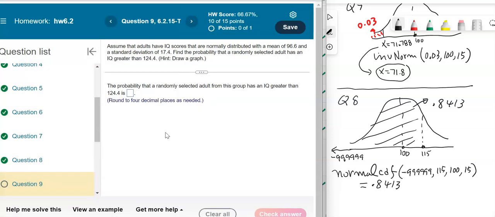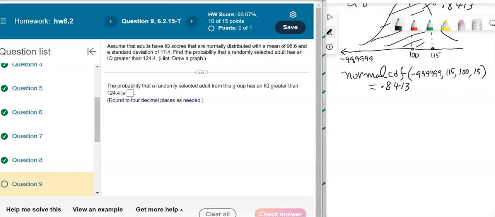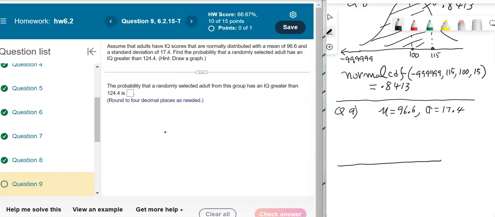All right. Question number 9. Now this time they changed the mean. Mean is 96.6, and the standard deviation sigma is 17.4. Now they want us to find the probability or area.